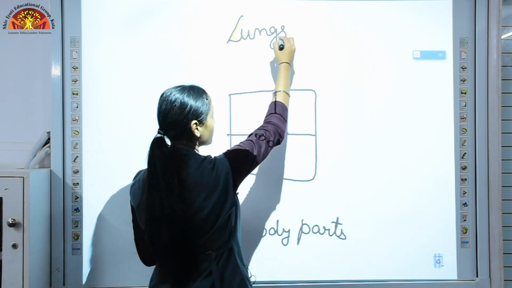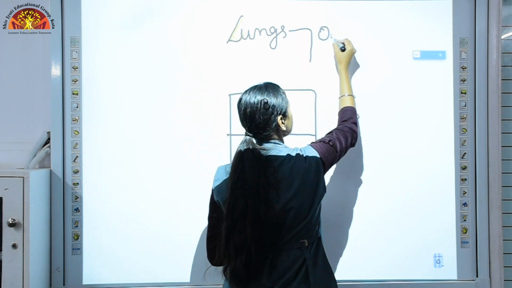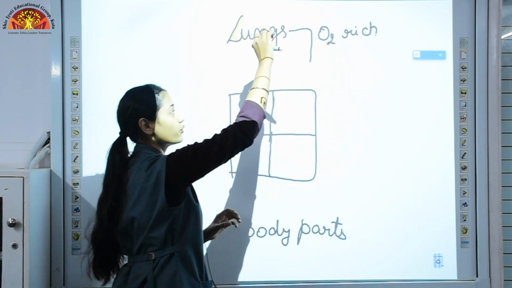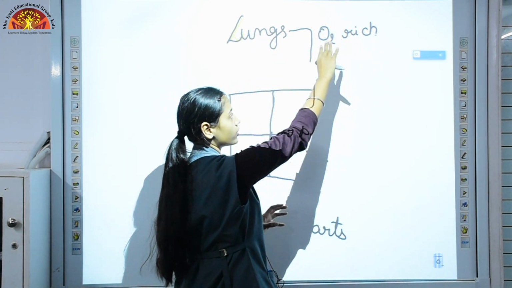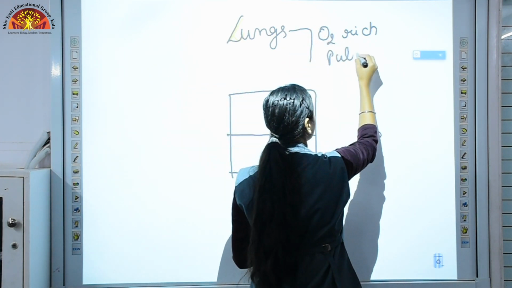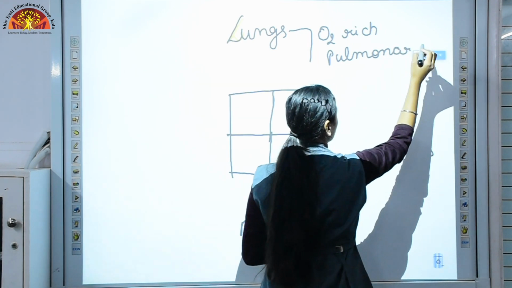Understood? So from here, from lungs, we are getting oxygen rich blood. And which blood vessel is carrying this oxygen rich blood? That is pulmonary vein. Exception which I told you.